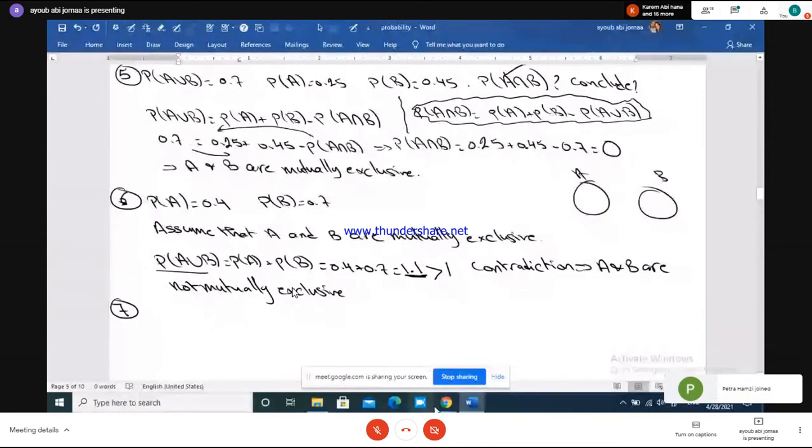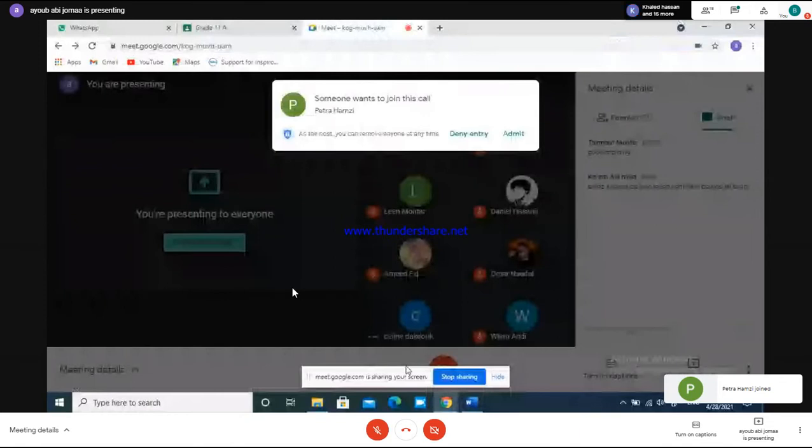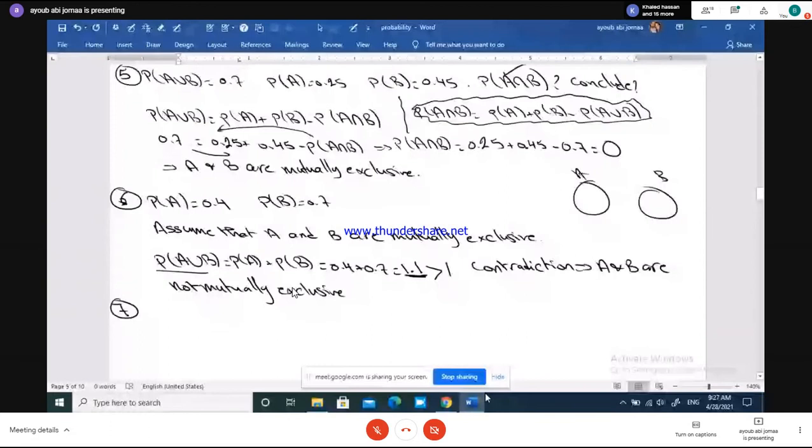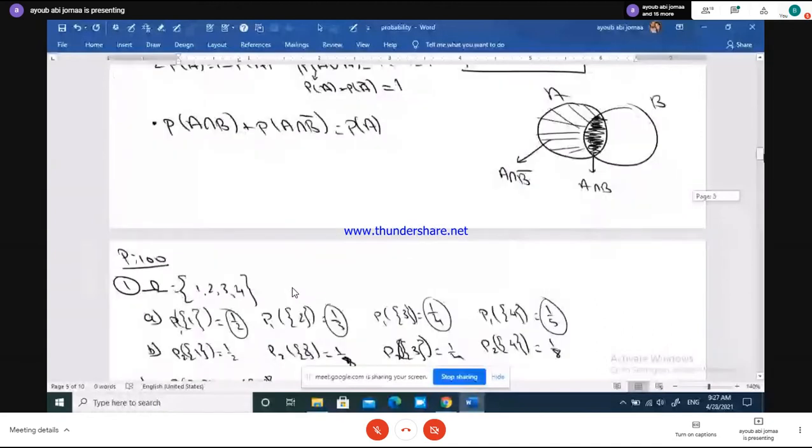Probability لمين لازم يكون 0؟ Probability لل A, probability of B, probability of A intersection B, probability of A union B, probability of B bar, probability of A bar, A intersection B bar? لمين؟ للانترسكشن أكيد.